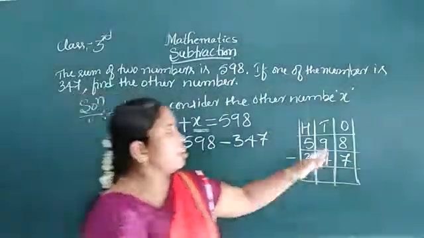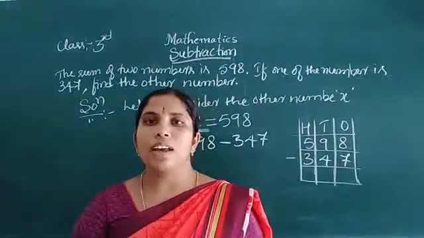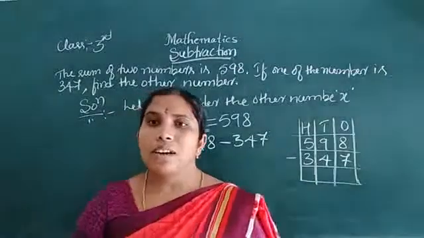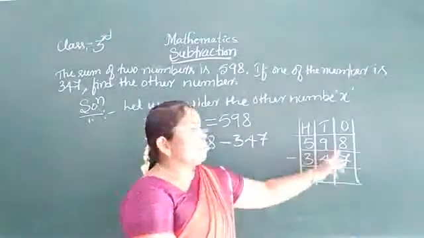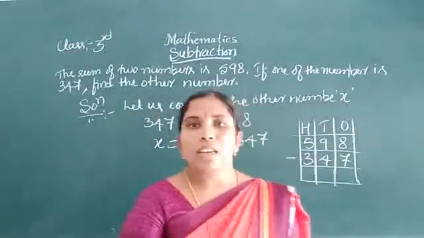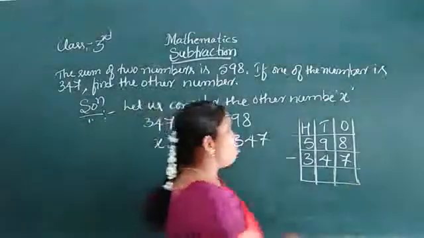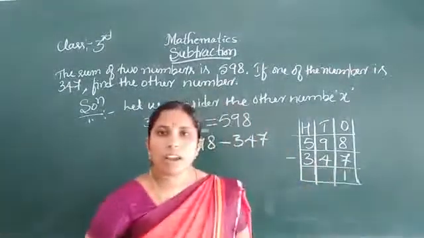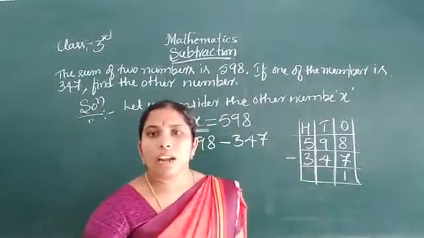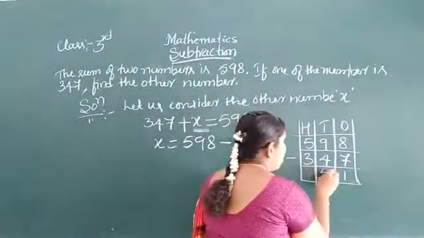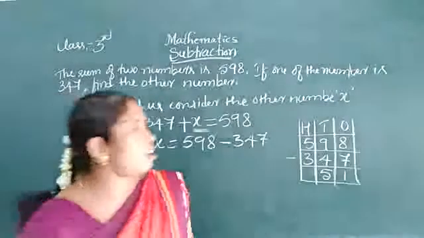This is without regrouping, so no borrow will come. Subtract the ones place digit first. So 8 minus 7 equals 1. Then 9 minus 4 equals 5.